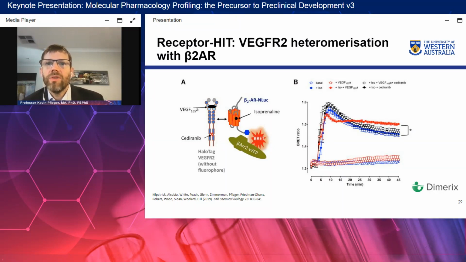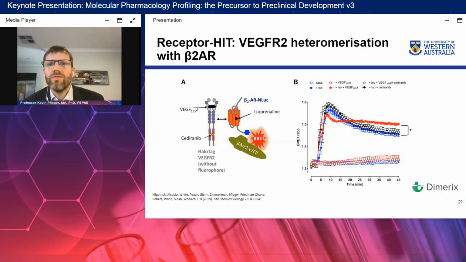So if you look at panel B, we see the isoprenaline giving us this nice response with the blue circles. But interestingly, if you also activate the VEGF receptor 2 with the VEGF165A, you get a change in the profile. So the red line, you can see a very different kinetic profile when you have the combination of isoprenaline and VEGF165A.